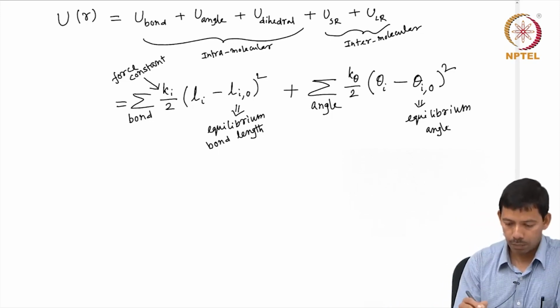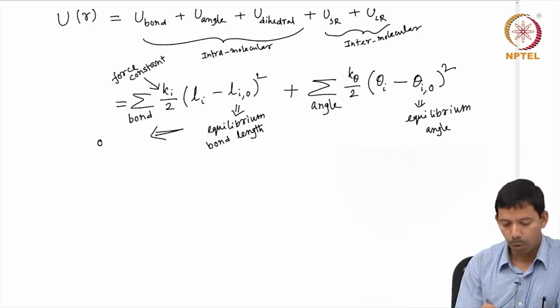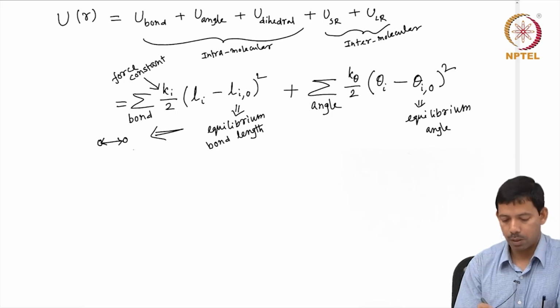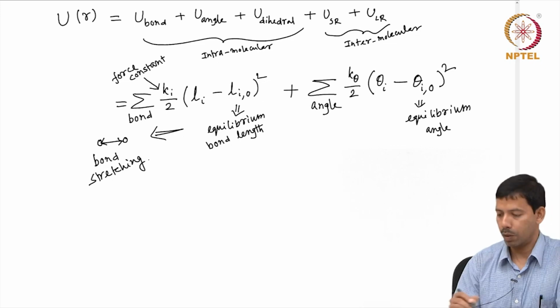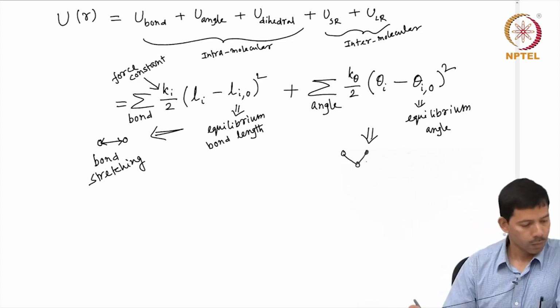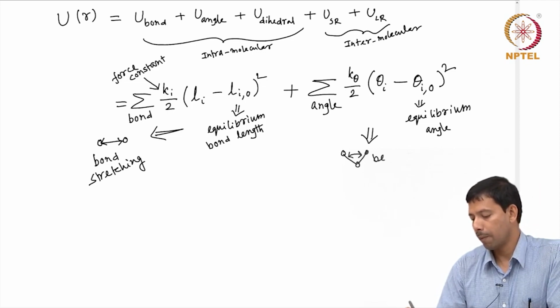So, basically this term represents the bond stretching, how this bond stretches and compresses. So, this is the bond stretching contribution. This term represents the angle bending.